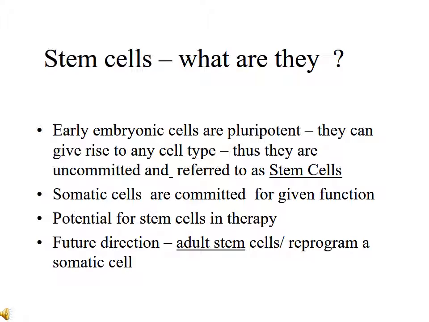Now we're looking at the potential for stem cells in therapy. When we think about it, if we have, for example, a heart attack, cells are destroyed, muscle cells are destroyed. If you remember, muscle cells do not divide.